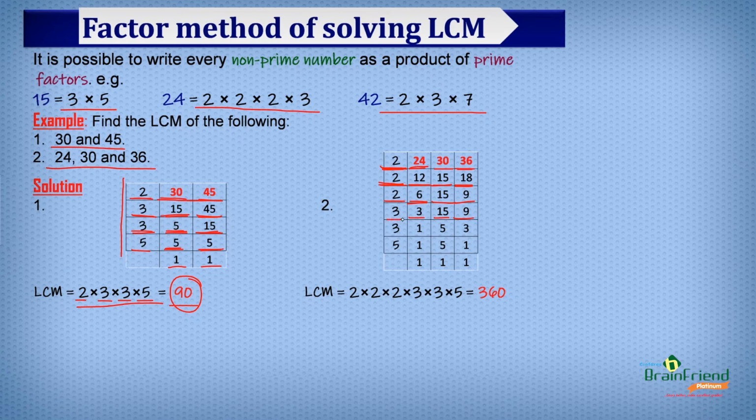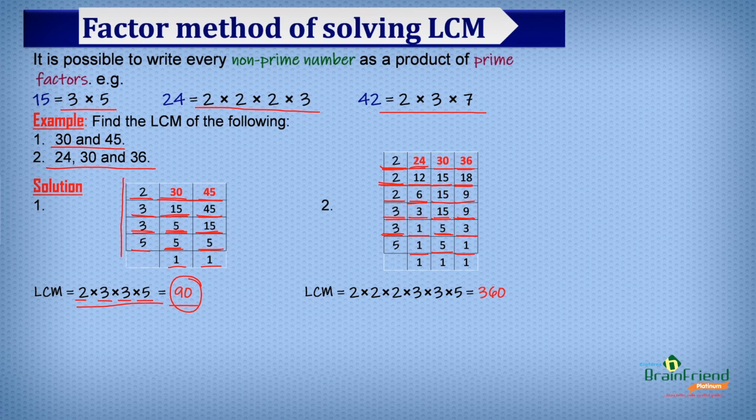So we have 3 into 3, that gives us 1. 3 into 15 gives us 5. And 3 into 9 gives us 3. We can still use the number 3. 3 into 1, we just bring down our 1. 3 into 5, we bring down our 5. And 3 into 3 gives us 1.